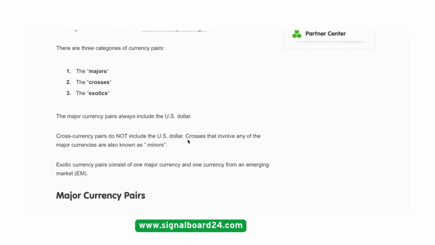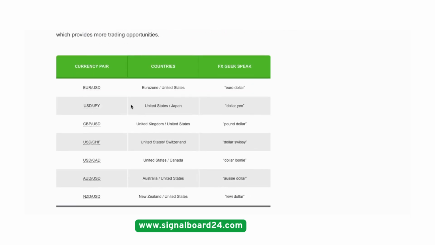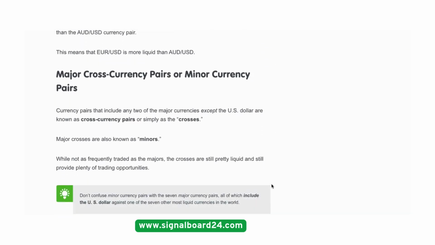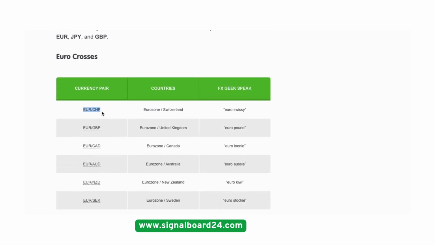Okay, in terms of currencies, you have major currencies, cross currencies, and exotic currencies. The major currencies are for the major countries, such as Euro USD, USD JPY, GBP USD, USD CHF, and USD CAD. Then you have minor currencies or currency crosses, such as Euro CHF and Euro GBP.